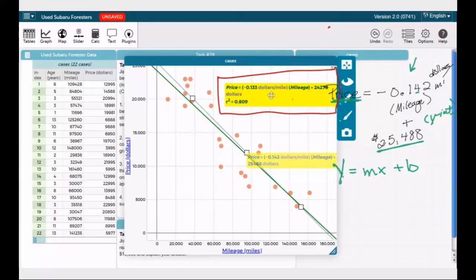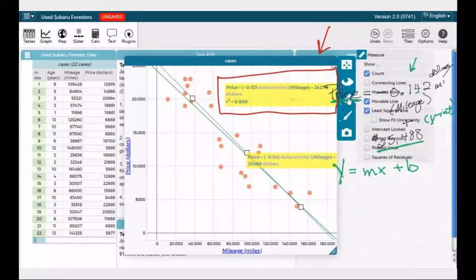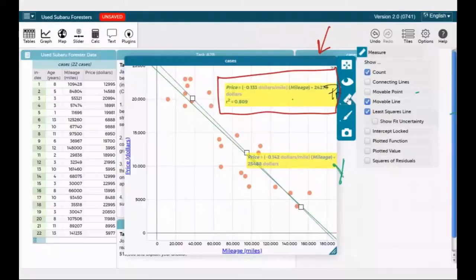But, so you came up with a line of best fit, and then you should have gone to the other one. This is what we would actually use, which is that second one, the least squares line. All right, I'm going to try to get rid of all this over here now.